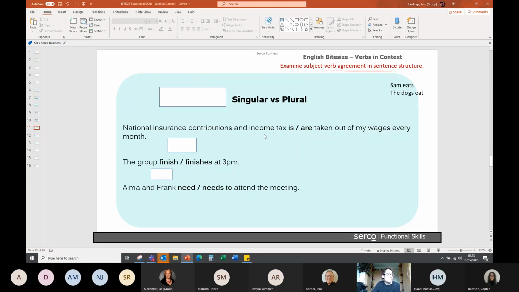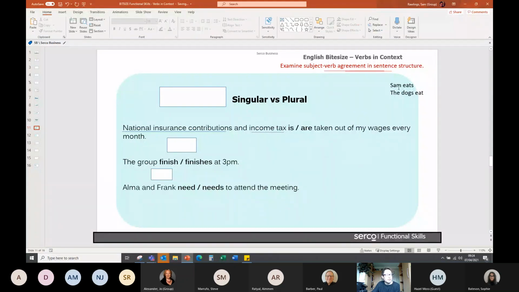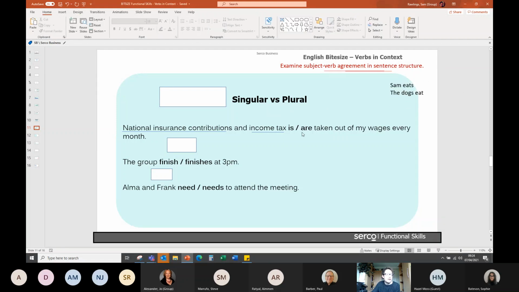So how many subjects have we got here? How many things are we talking about? Two, exactly. So we've got national insurance contributions. We've also got income tax. So remember, Sam eats, that was singular. So if it's singular, you use an S. If it's plural, if there's more than one, we don't use an S. Obviously, this is the verb to be, so it's slightly different.